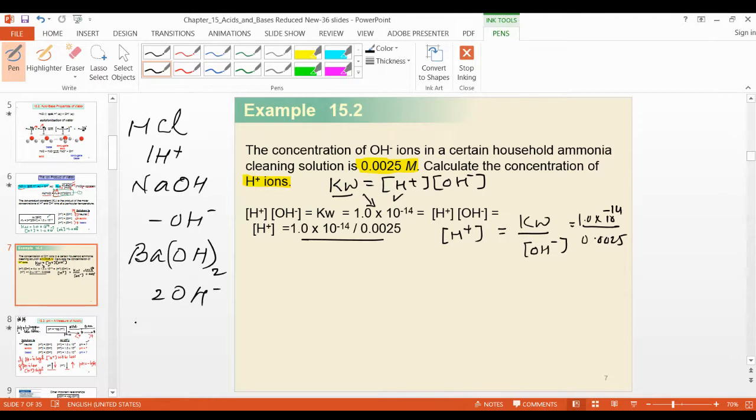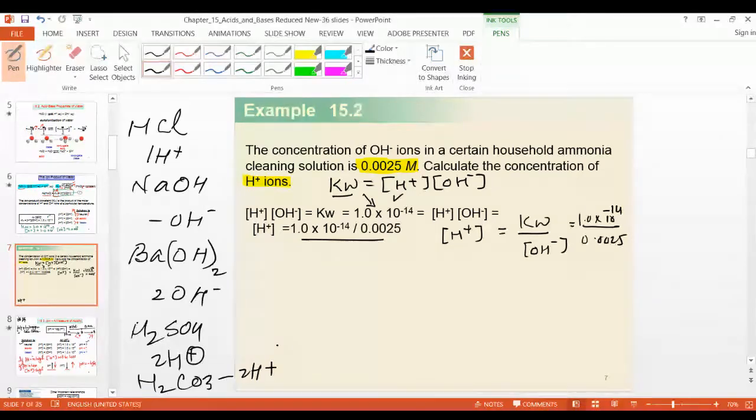If you have sodium hydroxide, HCl, H2SO4, you have 2H plus, right? H2CO3, so you have 2H plus, like this. So remember that when you calculate, if you have a compound like this, you have to be careful whether it is 1 or 2, so multiply by that integer.